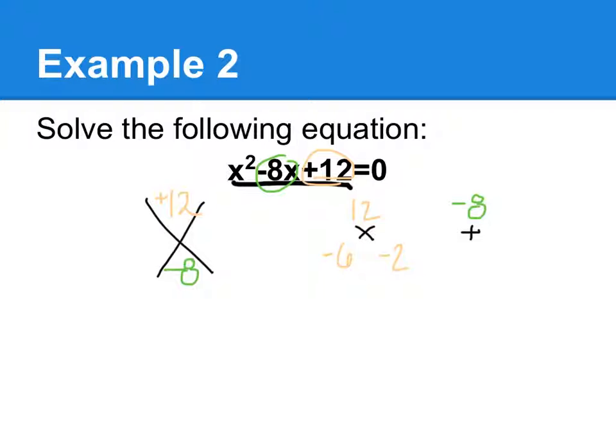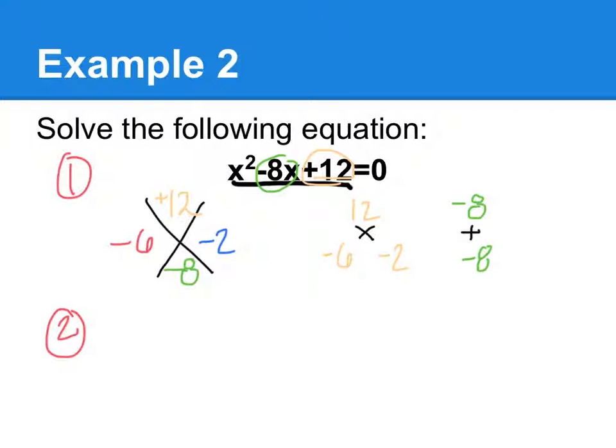When you add negative 6 plus negative 2, you get negative 8. So those are going to be our factors. Let me write those down. Negative 6 and negative 2. So we're done with step 1. That was easy. Factor it, use a tree, use whatever you want to do.